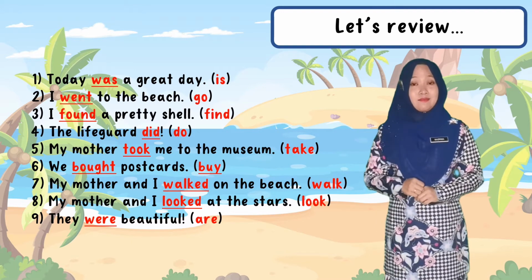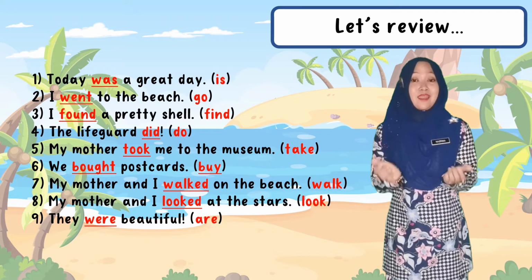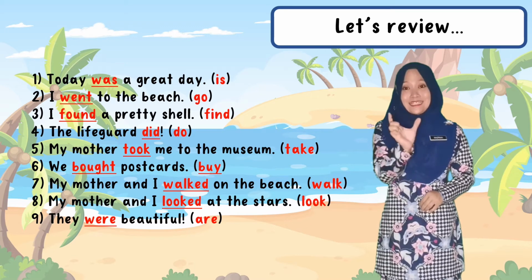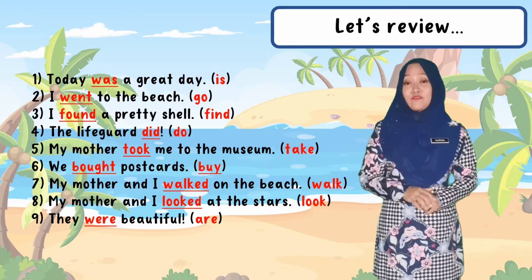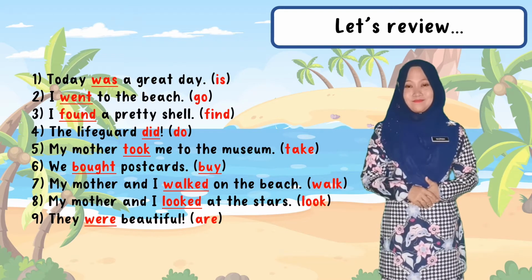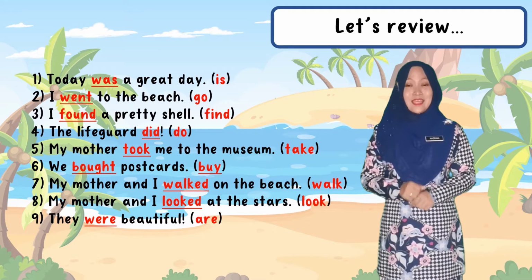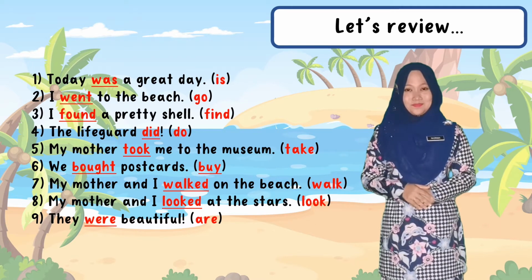Sentence number 4. The lifeguard did. Let us look at the word did. Did is the past tense form of the verb do. Next, number 5. My mother took me to the museum.